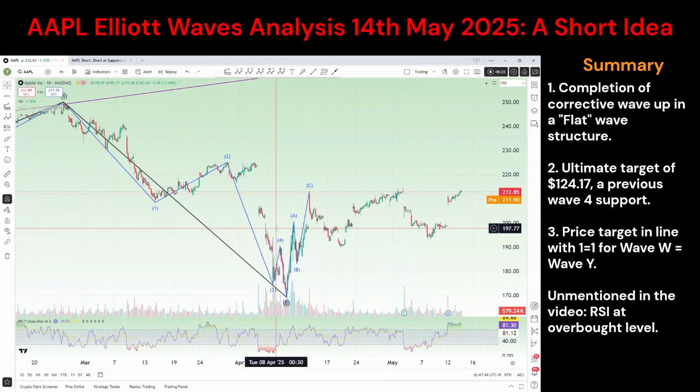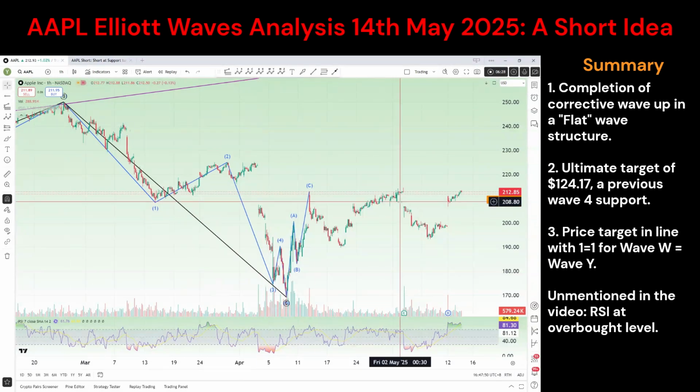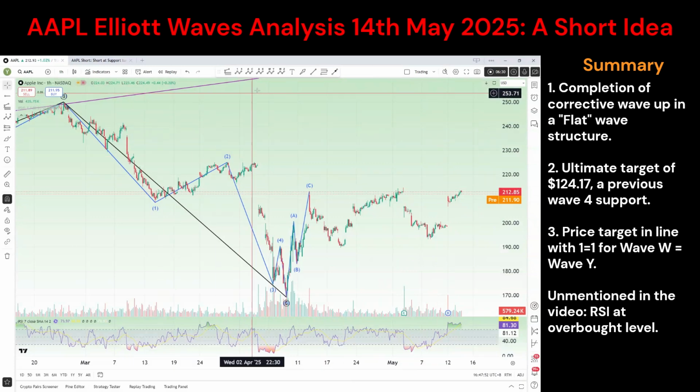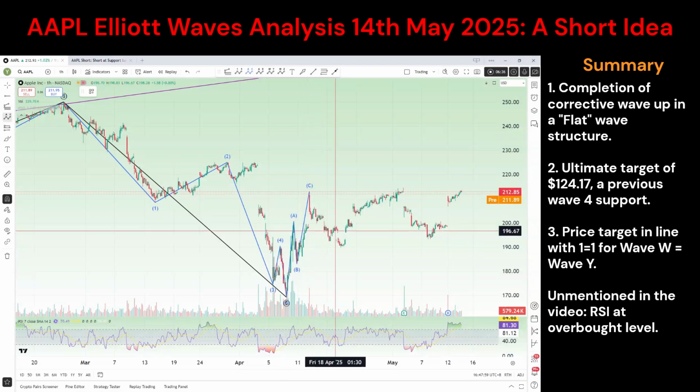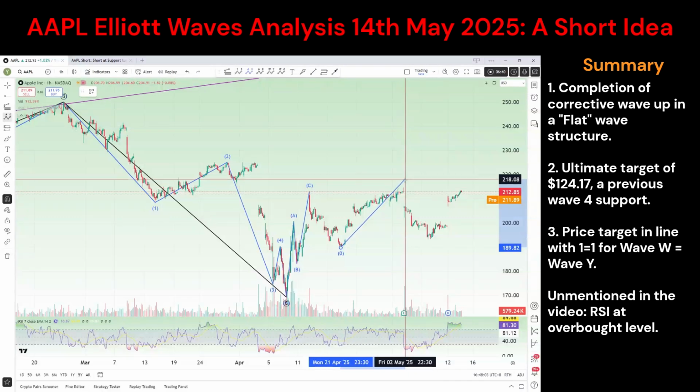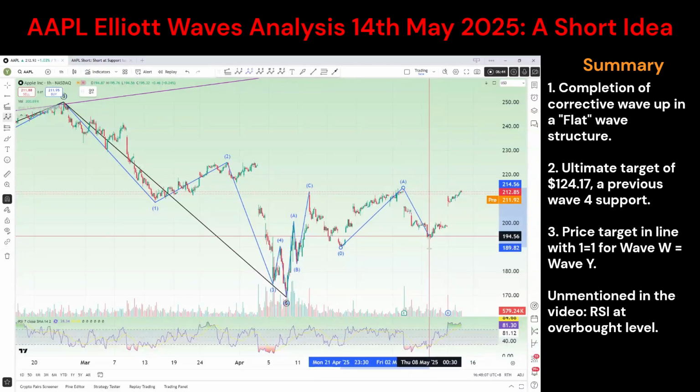What I think this whole thing is, is that this will be an irregular correction. I should say that this one should be something like this.